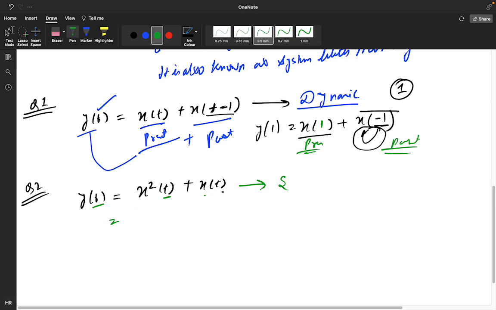There is no plus or minus. So x of 1 whole square and x of 1, and whatever value you put, you will get the present value. This is also present, this is also present. So it is static.